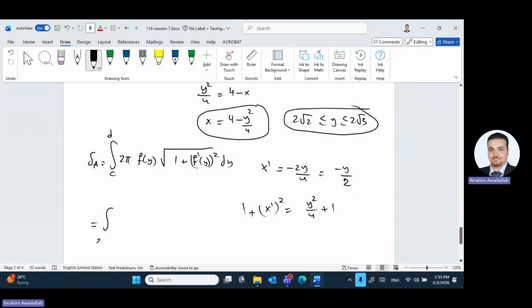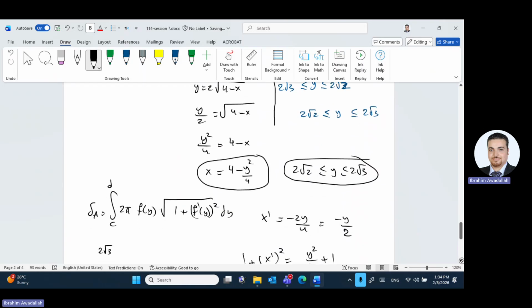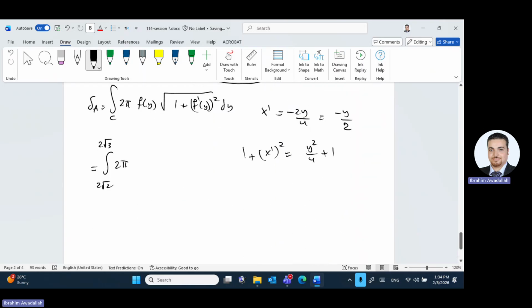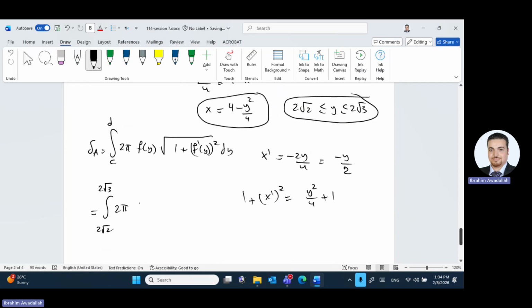So I will come back here and write my integration. It's from 2 root of 2 to 2 root of 3, 2 pi, if we got negative here, but you know, we changed these. Maybe we will get a negative answer now. I don't know what will happen. f of y, the new function, that's the old one, 4 minus y to the power 2 over 4.